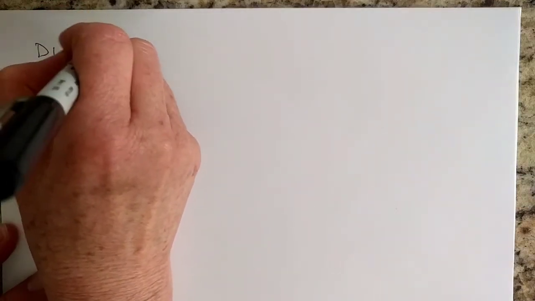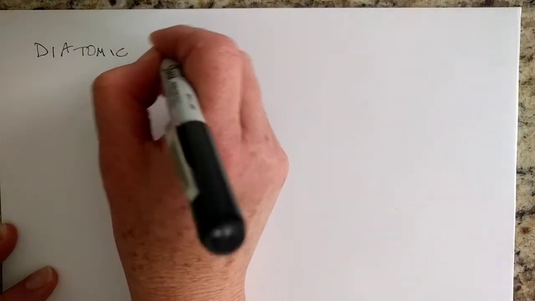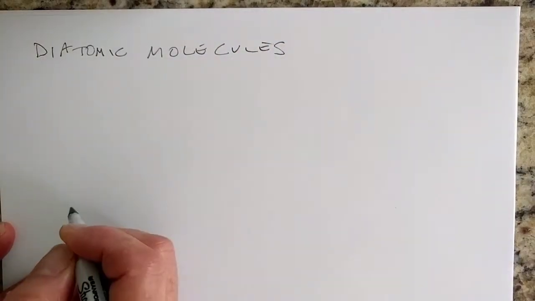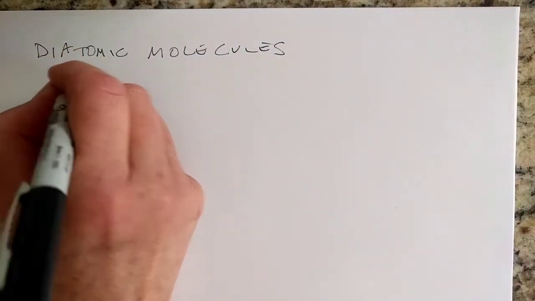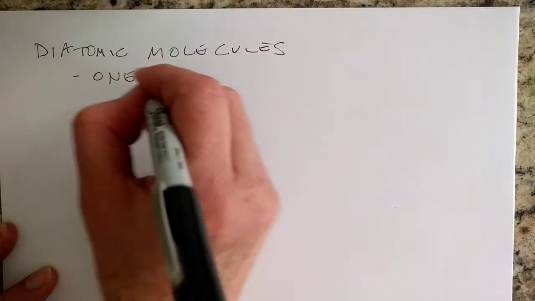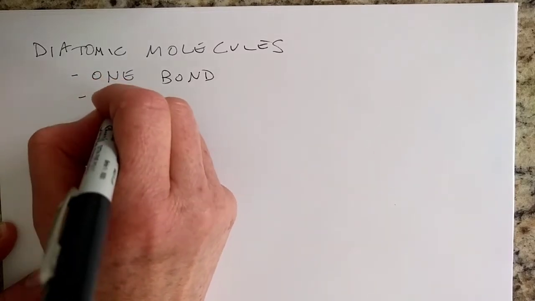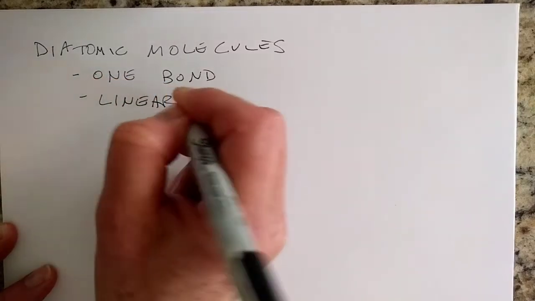Okay. So now we're going to analyze some of our polarities of molecules. So we're going to start with our simplest molecules, our diatomic molecules. And remember that our diatomic molecules, they have one bond, and the geometry is linear. They're in a straight line.